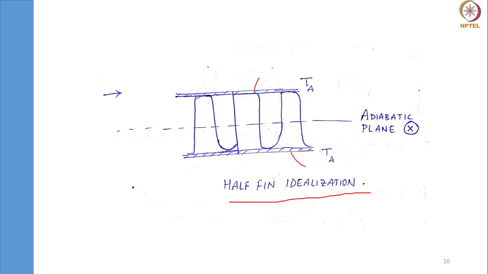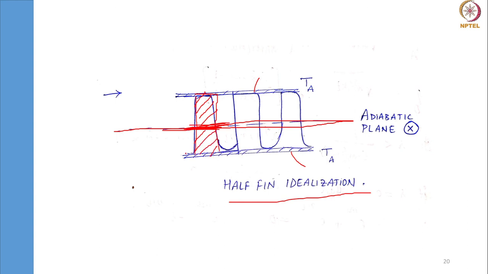That means this fin is a separate fin, and this can be considered a separate unit. The same argument holds good all along for all fins. So there is a point where no heat transfer is happening, that is the adiabatic plane at the halfway mark.